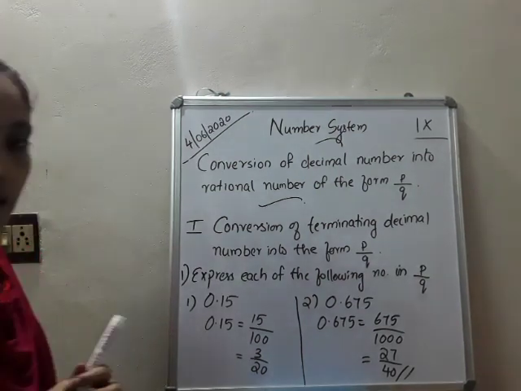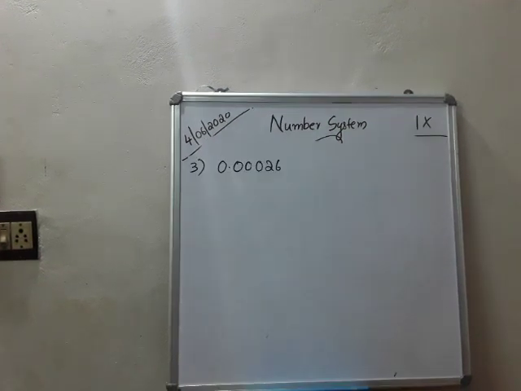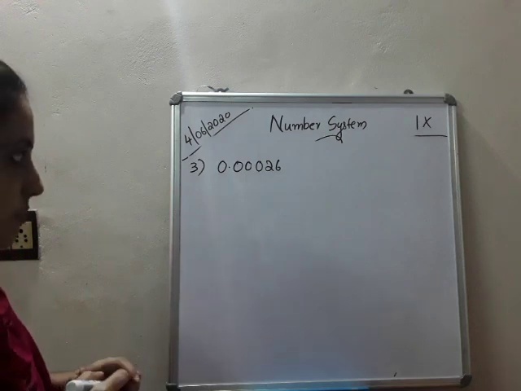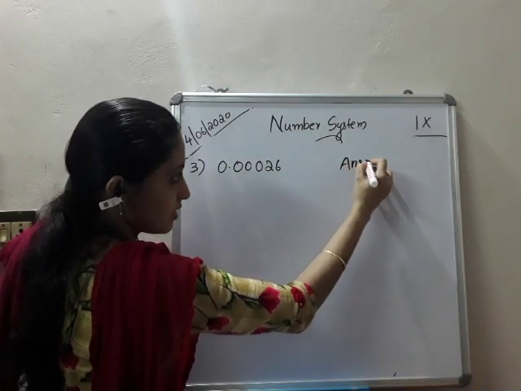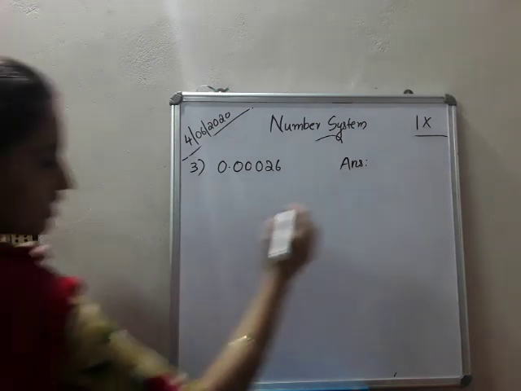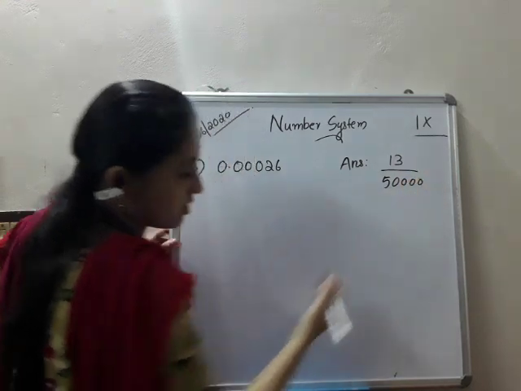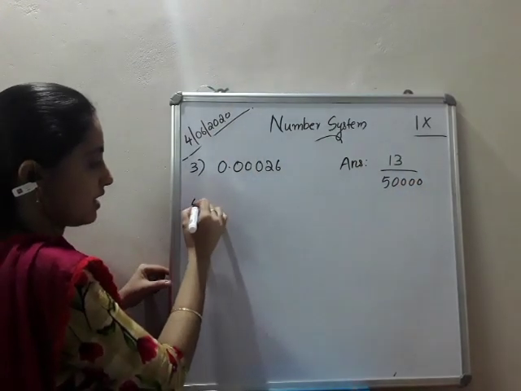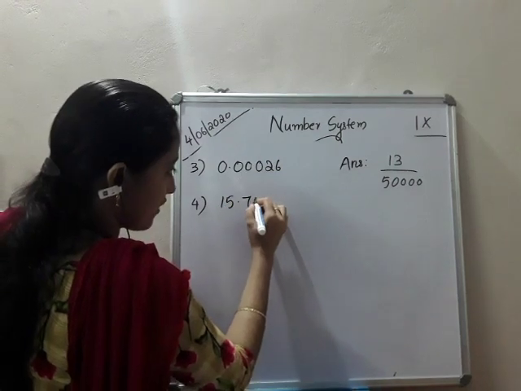Next question, please write down: 0.00026. Try individually. Please check, your answer will be 13 divided by 50,000. If you got the right answer, put a tick mark. One more question: 15.75.